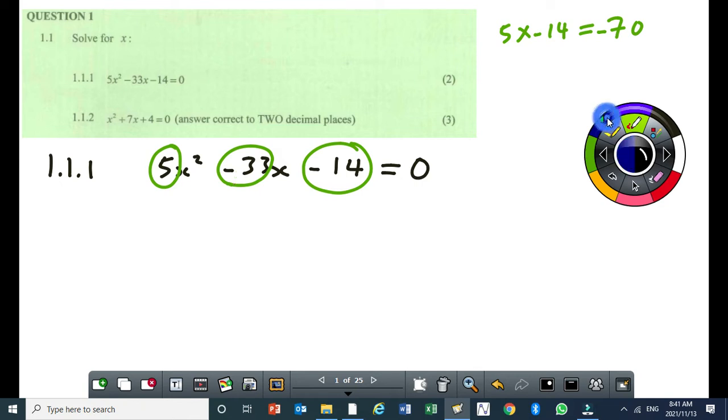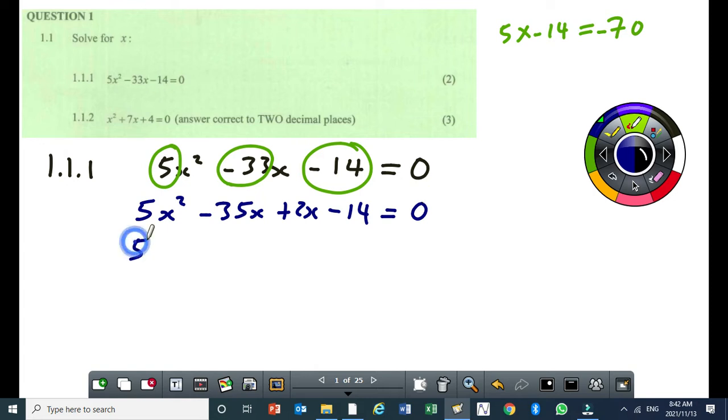Right? Please be aware that there are many ways of factorizing. You can use the techniques you were taught. Okay? So I have to rewrite this equation by splitting the individual term based on the factors of minus 70. So this will be minus 35x plus 2x minus 14 equals 0. And then you factorize it by grouping. Okay? So this will be 5x times x minus 7.